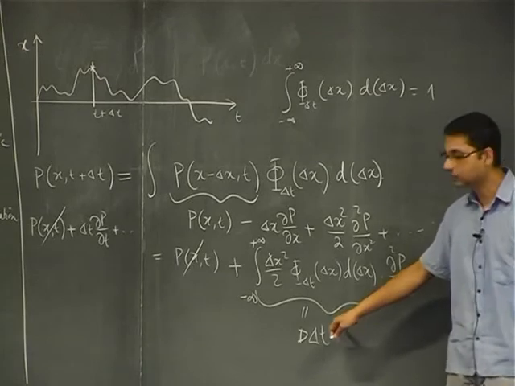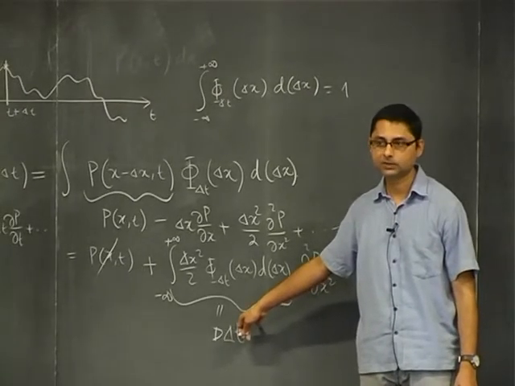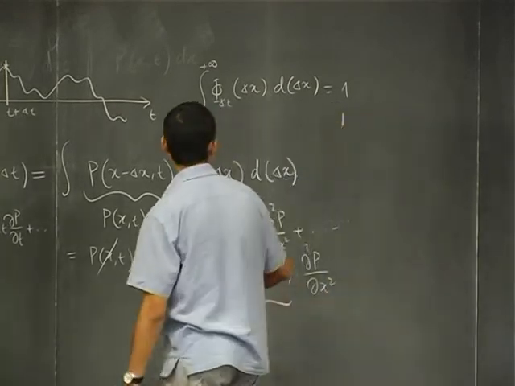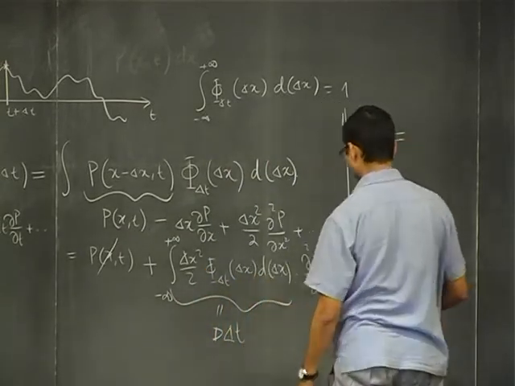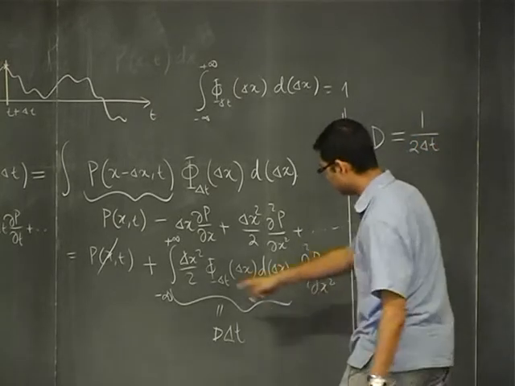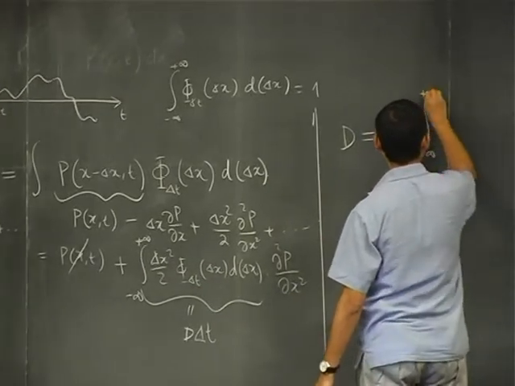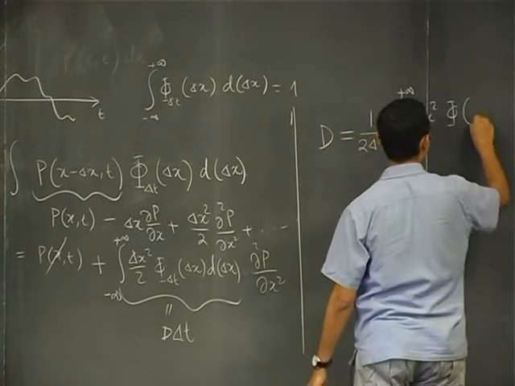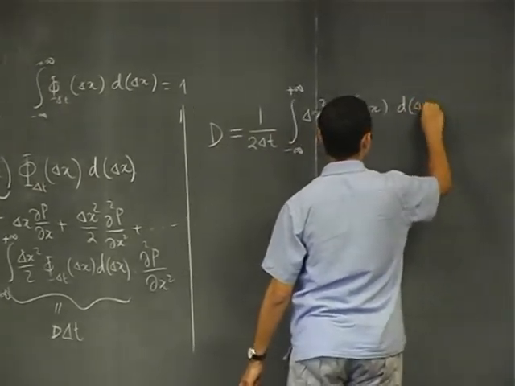So therefore I have a definition of D. What is the definition of D I must use? I have to use that D is equal to 1 by 2 delta t, so this 2 I took outside, times the integral from minus infinity to plus infinity of delta x square phi of delta x in time delta t d delta x.